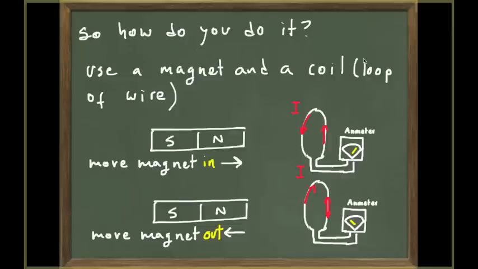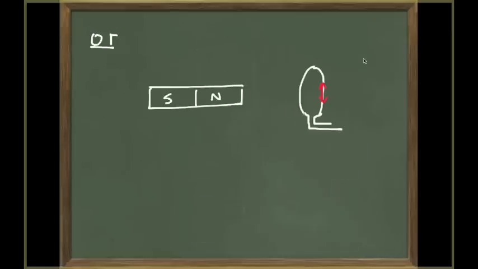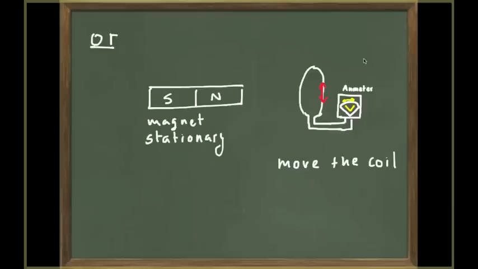Now you might wonder, okay, so you have a coil and you move the magnet and you can get a current flowing. What if you leave the magnet stationary and you move the coil? As you can see there, the same thing happens. If I move the coil towards the magnet, it goes in one direction.